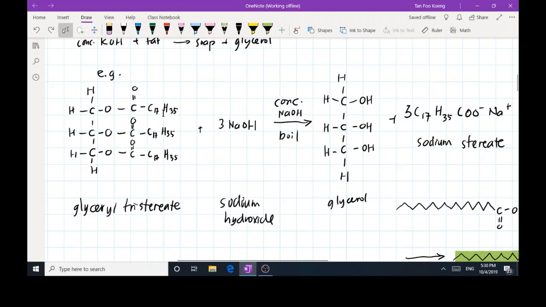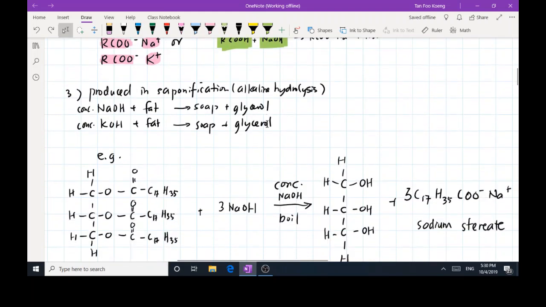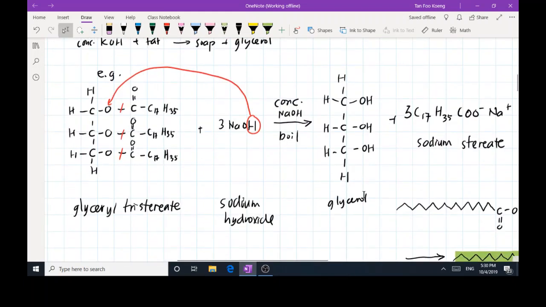Okay, now let's see the process of saponification. We have a molecule of fat or triglyceride here. Right now we use alkali to break down the fat molecule. When it breaks down, this bond is broken, and then the H here is added to the glycerol, forming a molecule of glycerol.